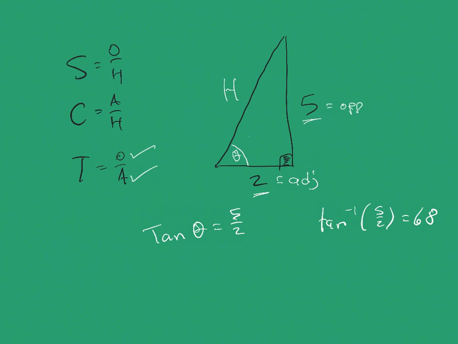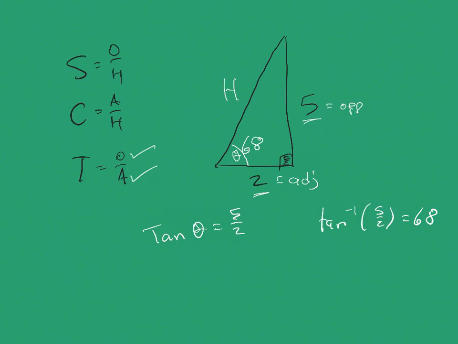Okay, so we did this one together. Make sure you got the same answer on your calculator. Don't just copy this down. Make sure you understand how to do these steps and that you're getting the 68. Now, do you remember what all 3 angles in a triangle have to add up to? Right, 180 degrees.